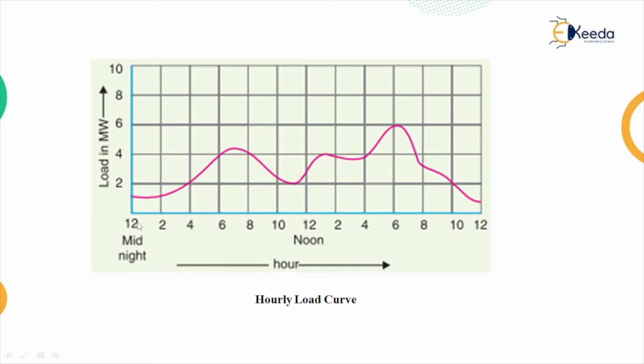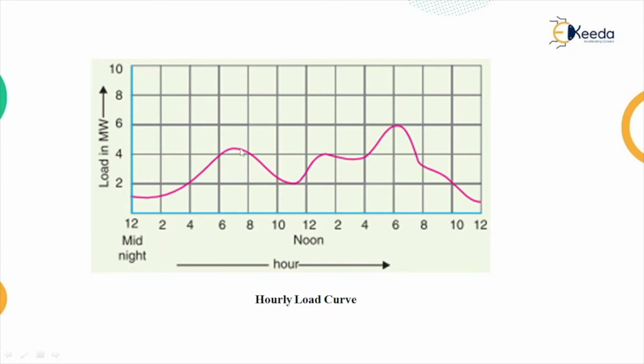At midnight 12, let us say there is less load. Then it starts increasing, from 2, then 4, again increasing. Then in the morning, from 6 a.m., it reaches a peak point. So in the morning there will be a peak load.